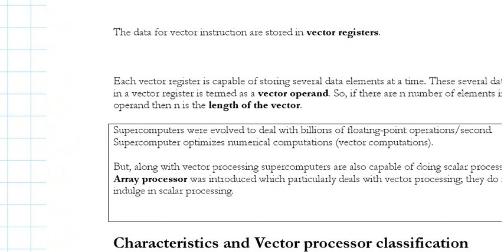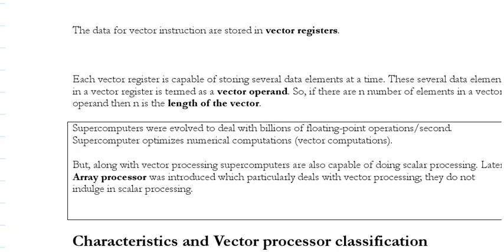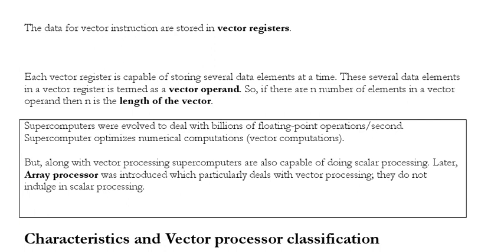Vector registers are a special type of registers which are targeted towards the storing of data for vector instructions. Each vector register is capable of storing several data elements at a time. These several data elements in a vector register are termed as a vector operand.